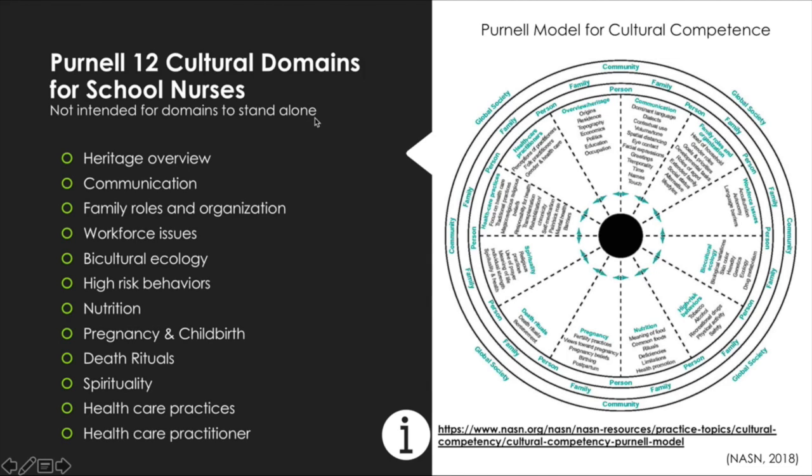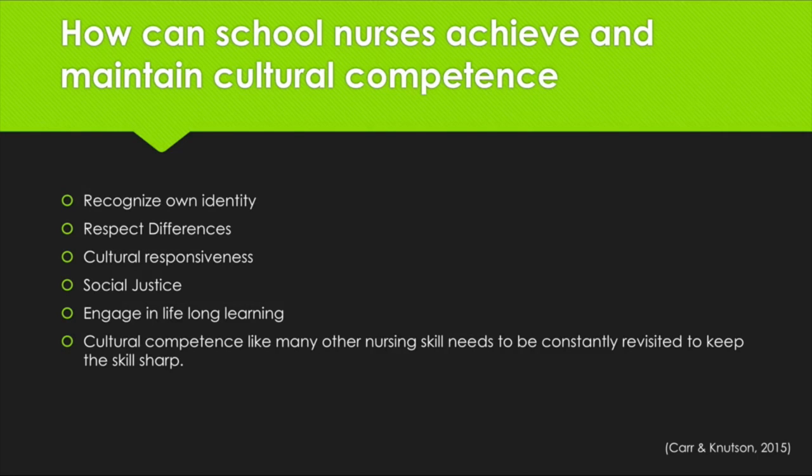When you're looking at a patient, you're assessing them, you're deciding on a plan of action, all of these things need to be incorporated, and it looks like a very complicated wheel, but it really has to do with some really basic 12 domains that involve the heritage overview, communication, family roles, workforce issues, bicultural ecology, health risk behaviors, nutrition, pregnancy and childbirth, death rituals, spirituality, healthcare practices, and the healthcare practitioner.